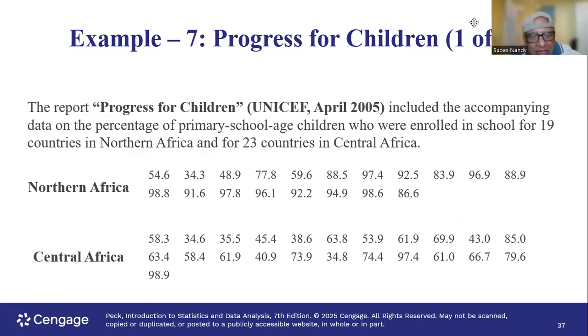Take a look at the data for Northern Africa. The lowest is 54.6, which can have a stem of 5 and a leaf of 4. So 54.6 falls in 54. Round it down to 54. We neglect the number after the decimal place.